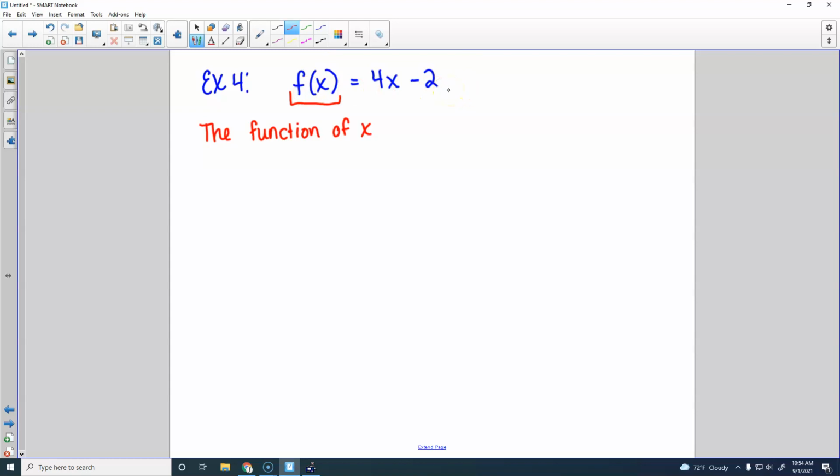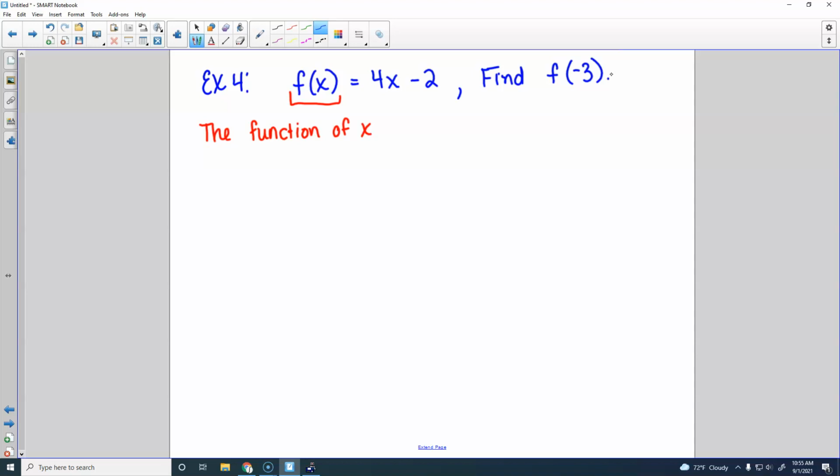What it's telling you here is this is my formula, right? So you'll see something like this, and it'll say find f of negative 3. Okay, so I promise this is really simple.